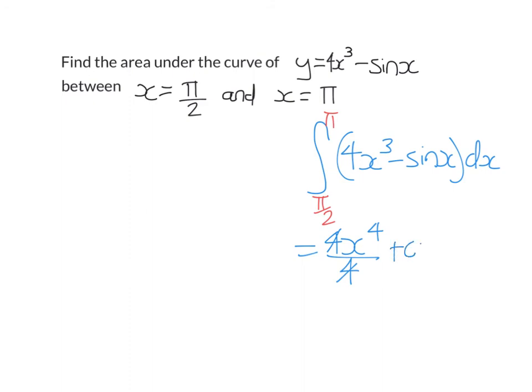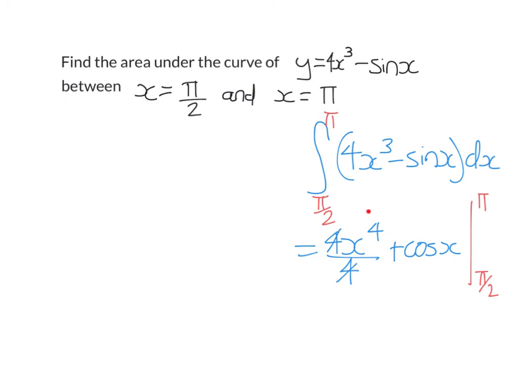So what goes here would be cos x. If I differentiate this, I get this. Now we're going to evaluate this between x equals pi on 2 and x equals pi. Remember, we don't add any c's, no plus constant of integration, because they would cancel out anyway.